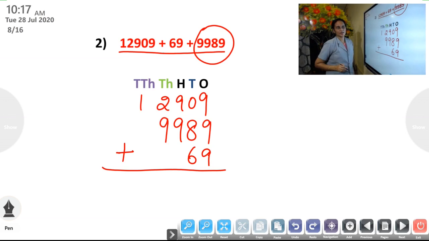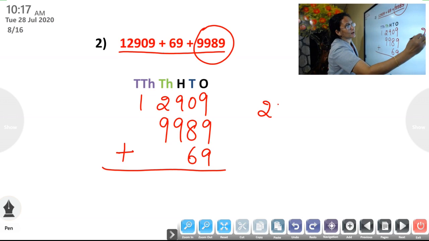Okay, and then ones place. 9 plus 9 plus 9. What is it? 9 plus 9: 10, 11, 12, 13, 14, 15, 16, 17, 18. Then 18 plus 9: 19, 20, 21, 22, 23, 24, 25, 26, 27. So 27, what will you write here? You write 7.